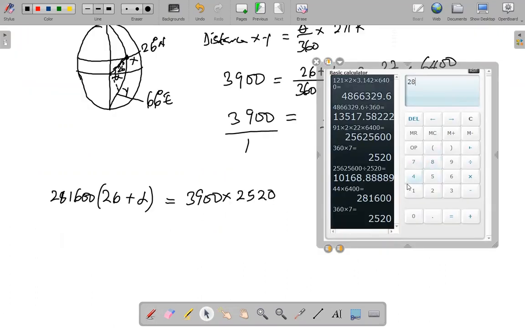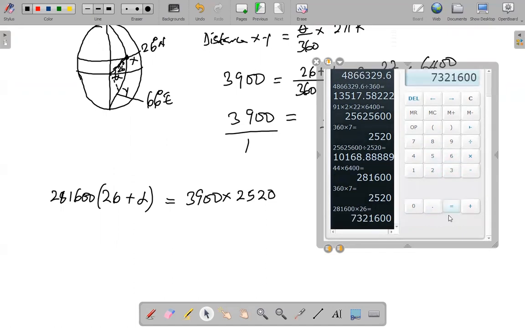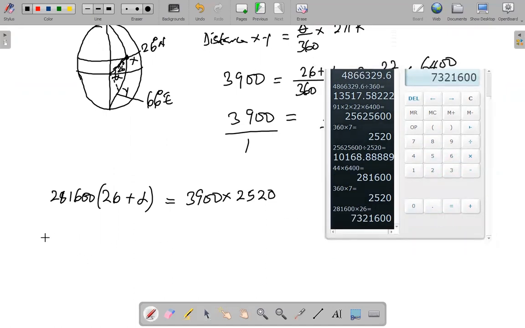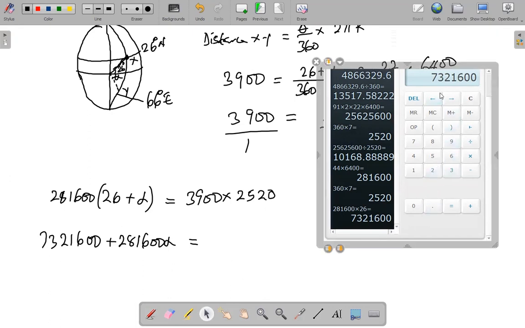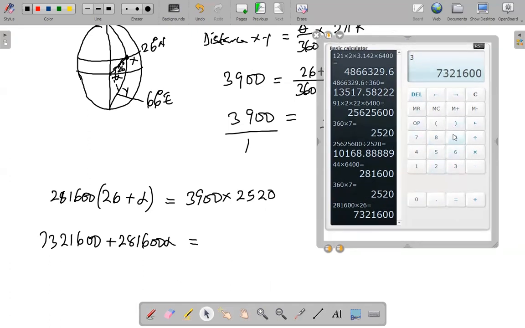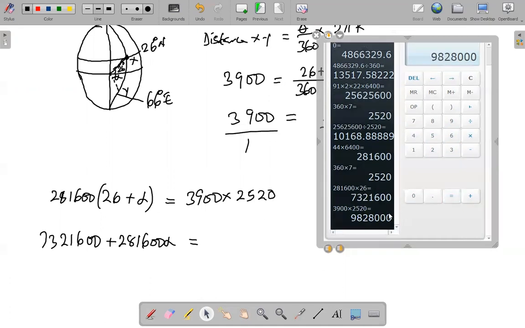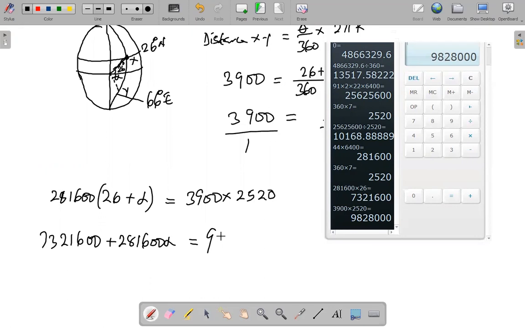Expanding: 281,600 multiplied by 26 is 7,321,600, plus 281,600 alpha, equal to 3,900 multiplied by 2,520, which is 9,828,000.